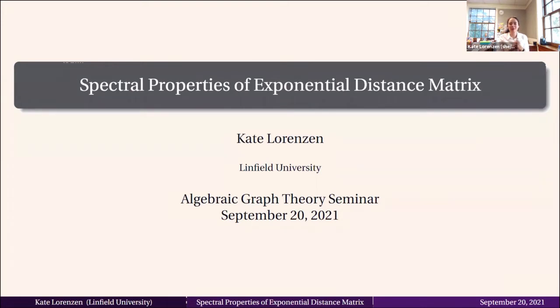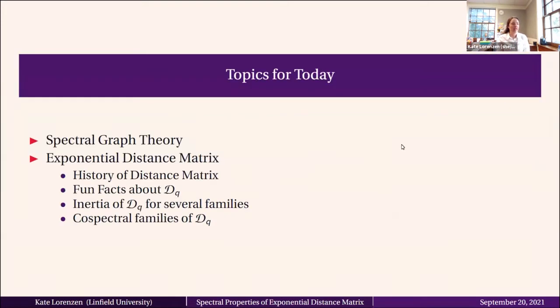So today I'm going to be talking about spectral properties of the exponential distance matrix. Just a brief overview of what I'm going to be talking about today. First, we're going to go over a brief introduction of spectral graph theory, which is the larger area of math that this work lives in. And then we're going to talk about the exponential distance matrix. We're going to talk about two large pieces today.